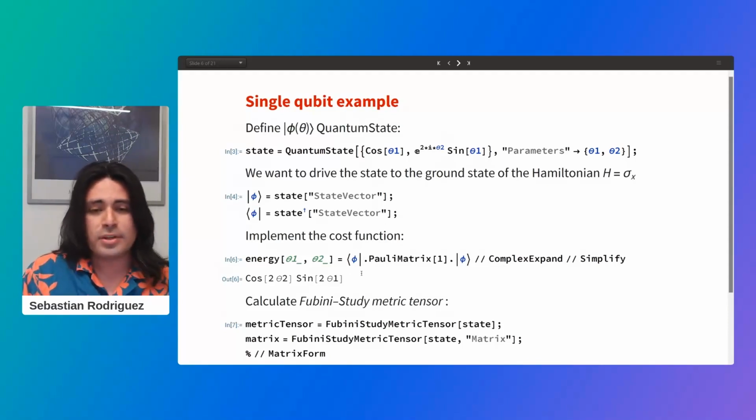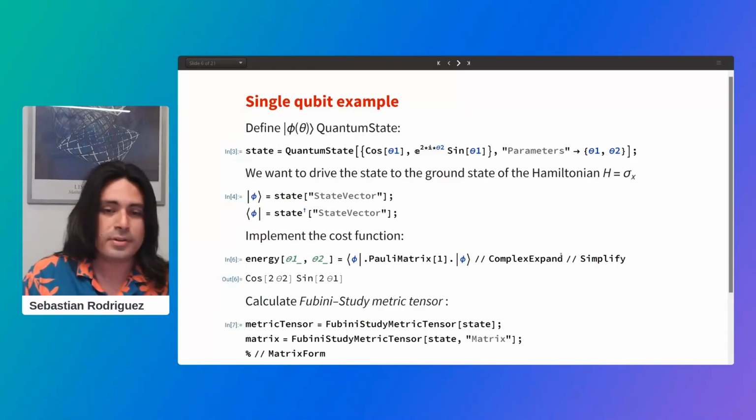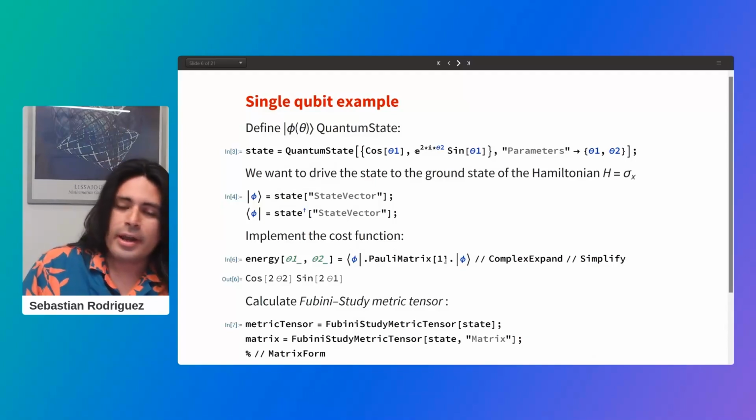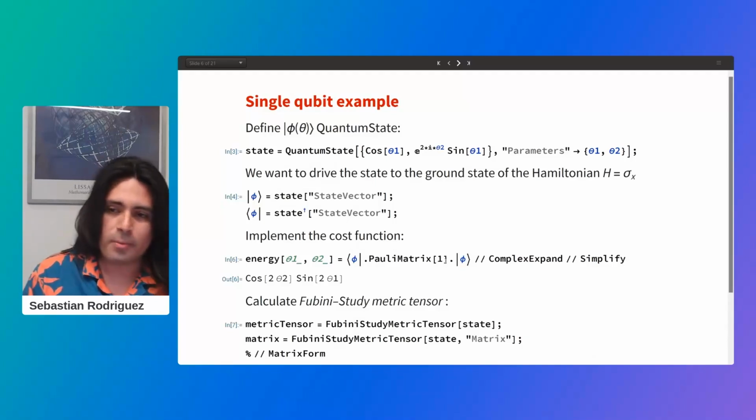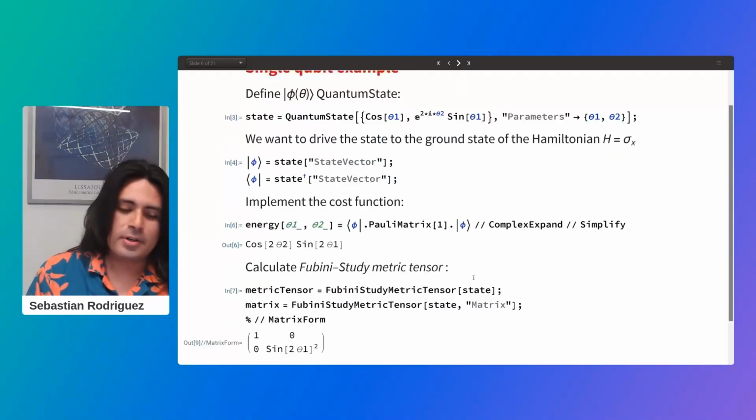Our cost function is pretty simple, and we can even use ComplexExpand because we assume that theta1 and theta2 are real parameters. Now, let's calculate the Fubini-Study metric tensor. In this case, the Wolfram Quantum Framework already has a function that does this for us. It's called the Fubini-Study metric tensor.